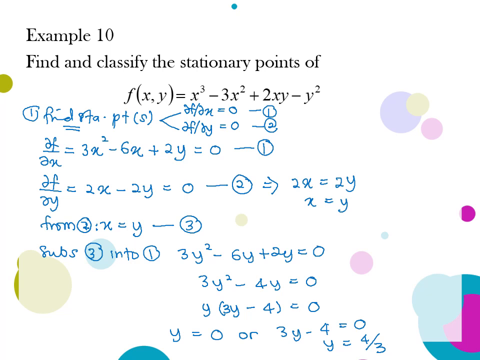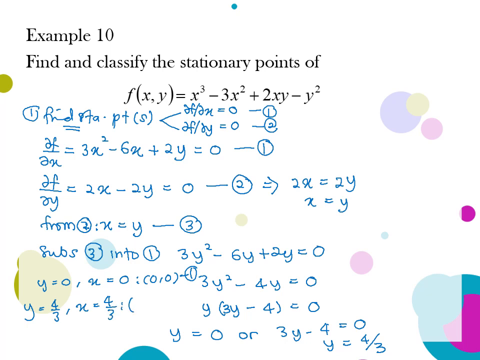Now we have the points. When our y equal to 0, our x also equal to 0. So we have the point 0, 0. This is our first point. And the second point, when y is equal to 4 over 3, we also have x equal to 4 over 3.